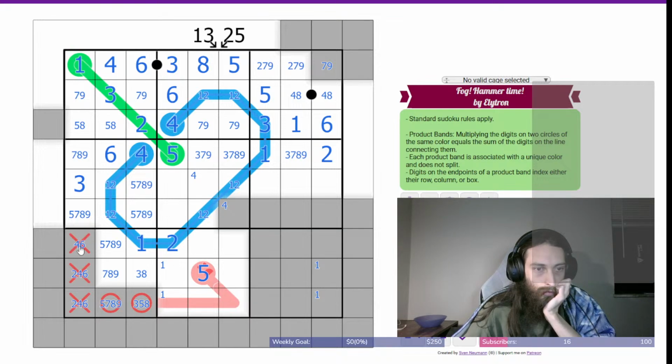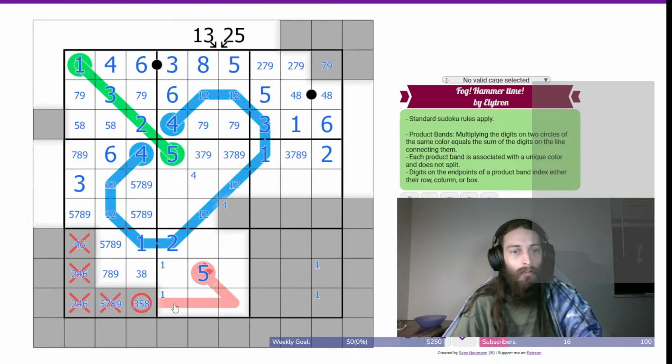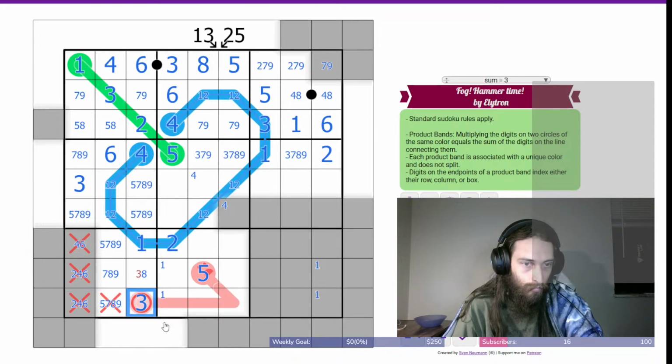So it's going to have to be the 3 as the endpoint, because you can't do 9. Yeah. And 7 is 35. You can't do 35 in 3.